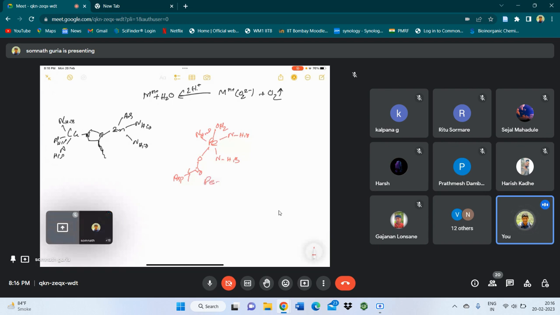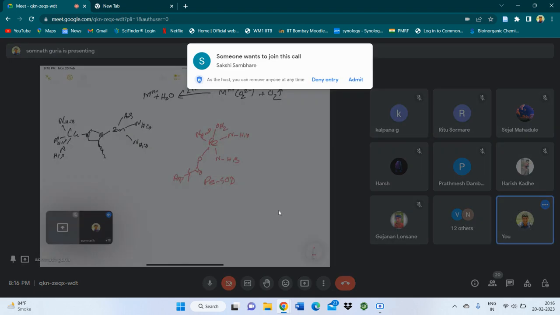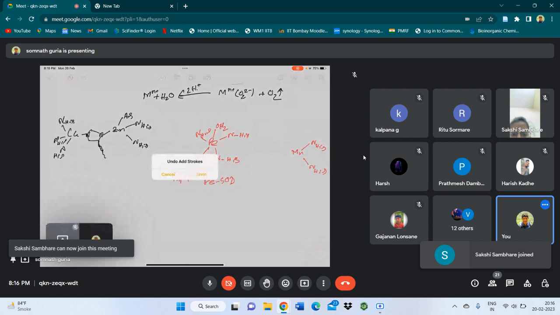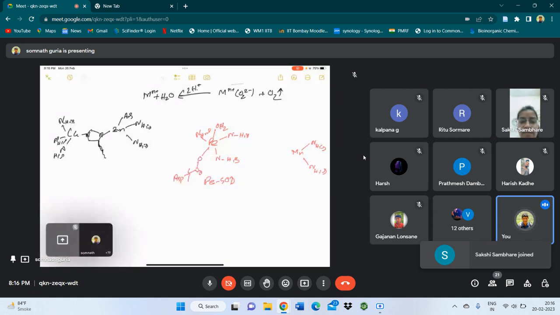All are similar; only the metal center changes to manganese. It looks similar to iron SOD, and the only change is the metal center. Here is the manganese, N histidine, N histidine, here is the OH2, here is the aspartate, ASP, and the N histidine.